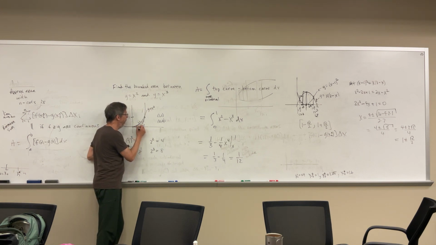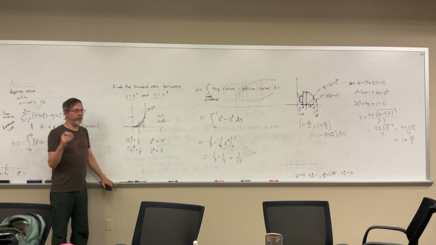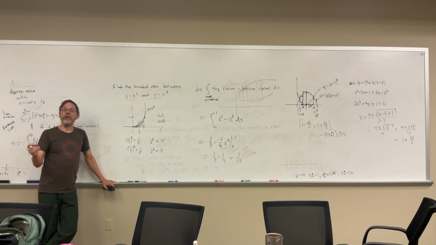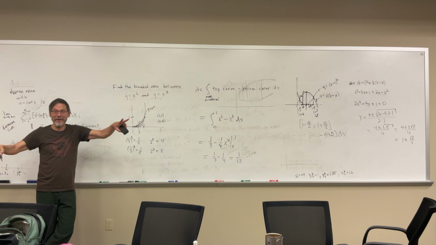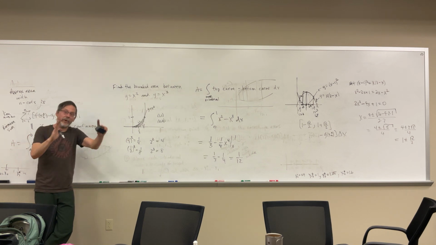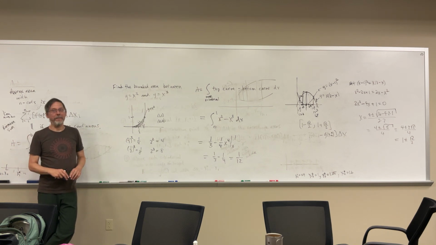Yes, Jose. How do you decide which one's f of x? That's why you'll want to plot, so you can see which one's on top. Because sometimes it's going to even change. You're going to have two curves where they take turns being on top and bottom, and you've got to figure out which one's on top in a given spot. So whichever one's on top, that's f of x.